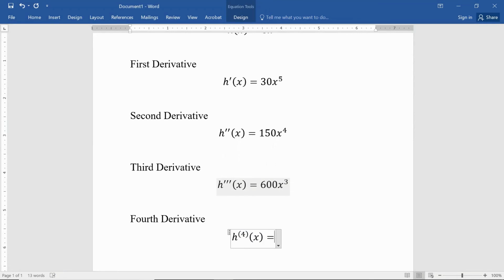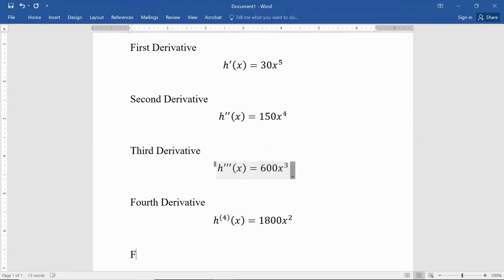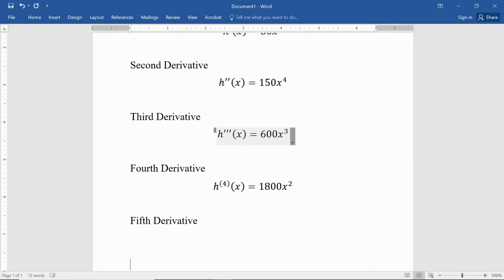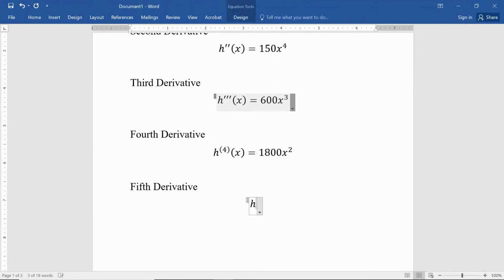That's 1800x squared. And the same thing for the 5th: you would say h, and then in the exponent, you'd write a 5 in parentheses.